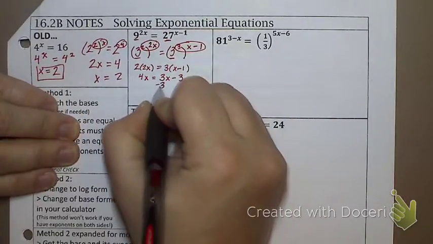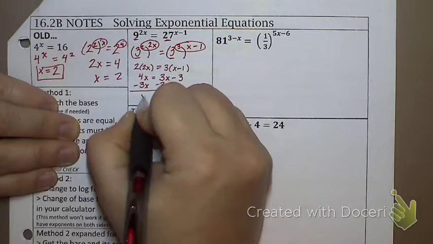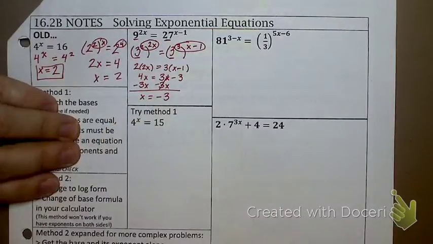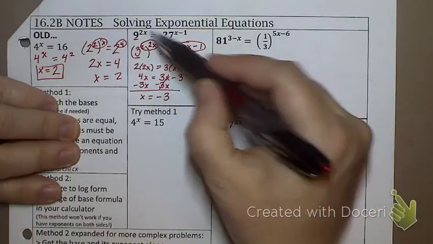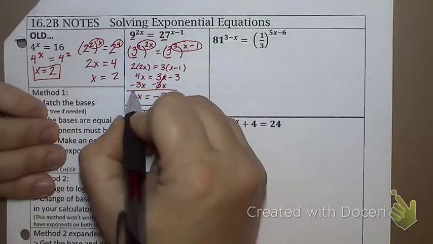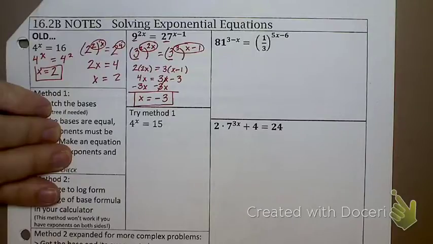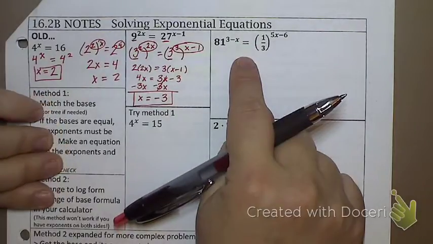Move your 3x and x equals negative 3. Could I check my answer? Yeah, I always could. I could plug that back in and see, does this side actually equal that side? But in this case, I don't have to because I didn't have any logs to worry about taking a negative number of, right?